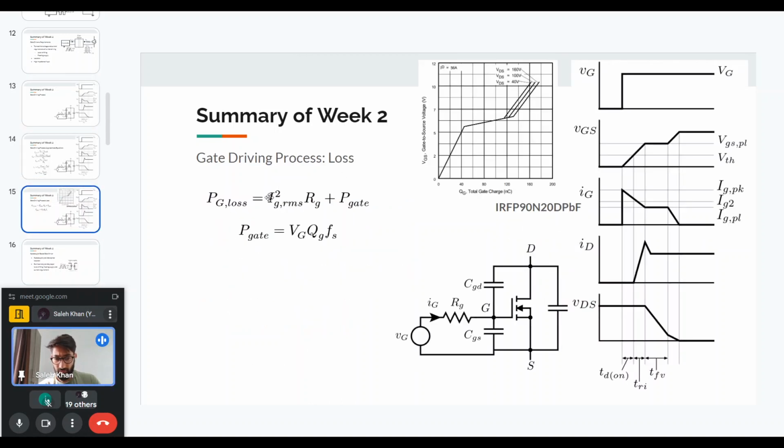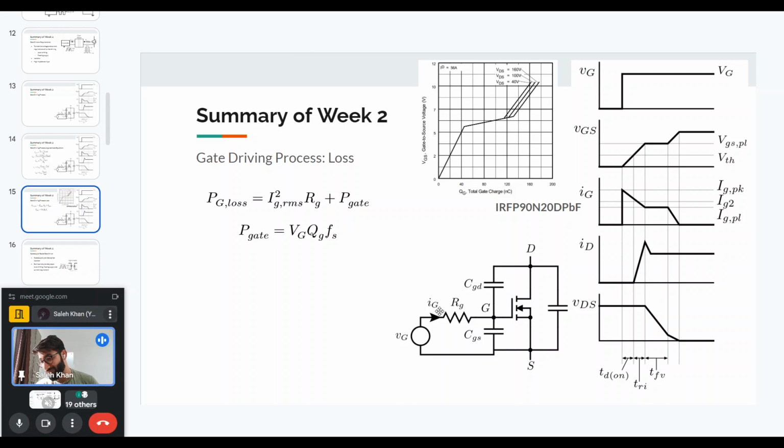Yes, so it is I square RMS into RG. Yeah, that is what is written here, right? The first term is dissipated in the gate resistance. The minimum power rating of the gate driver IC. So that is one of the assignment questions.